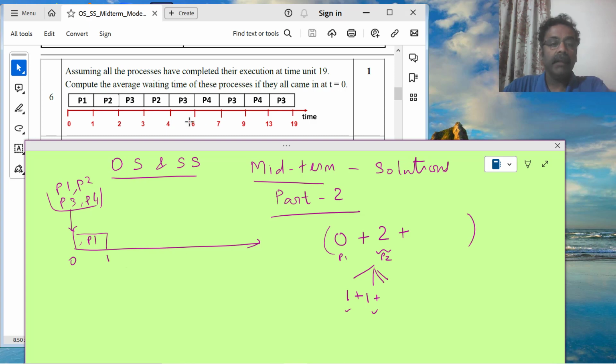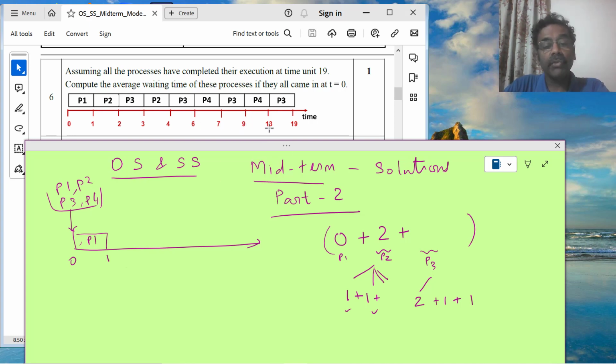Now what about P3? P3 got a chance to run here after 2 time units. So maybe this is the thing for P3. It initially waited for 2 time units. Then it ran for 1 unit. Then again for 1 more unit it was given to P2. So let me add that. And then again P3 was forced out and P4 was given 1 time unit. So 1 more time unit you have to add, because here 1 unit it was waiting from 3 to 4, and again from 6 to 7 P3 is waiting.